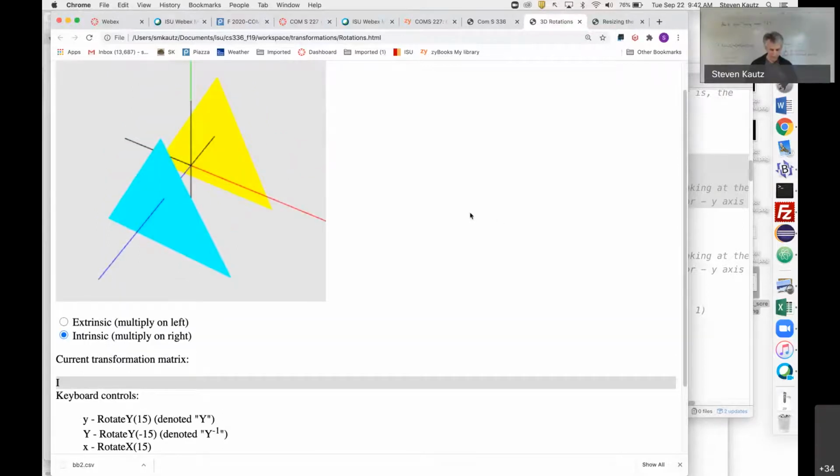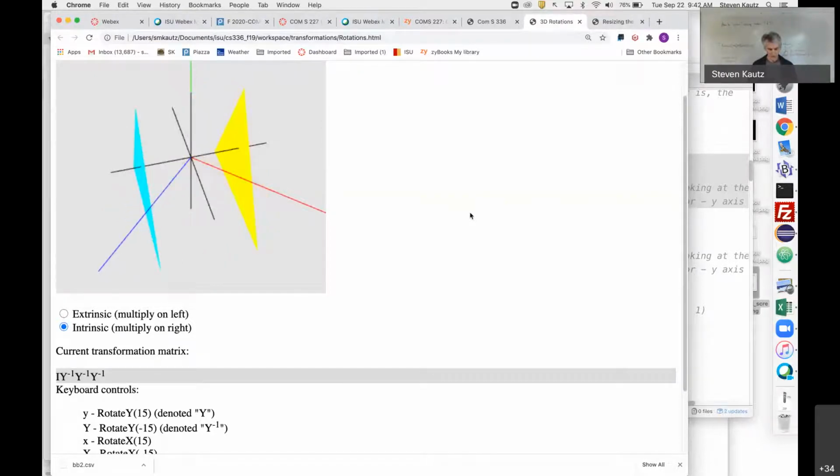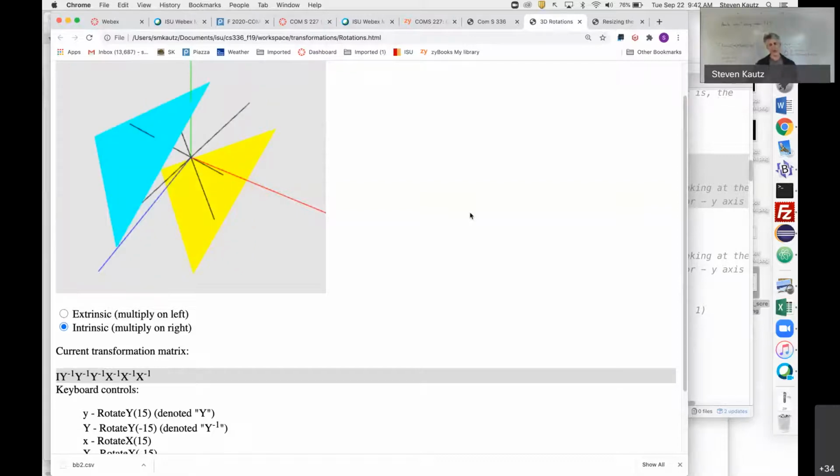Let's look at the T key in a minute. So let's suppose we start out doing a minus 45 degree y rotation, and then intrinsically a minus 45 degree x rotation. So this is the orientation of the axes that we were just playing with.